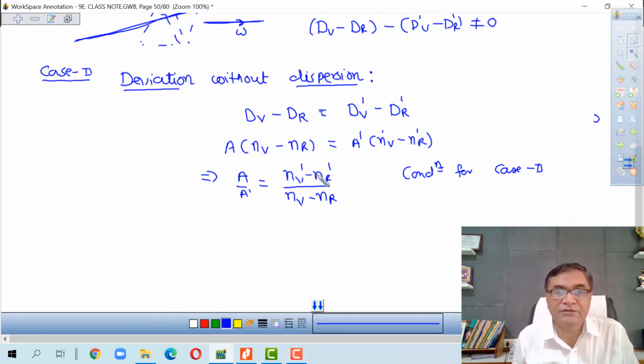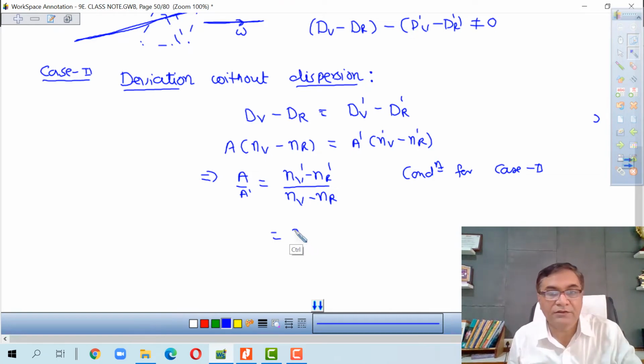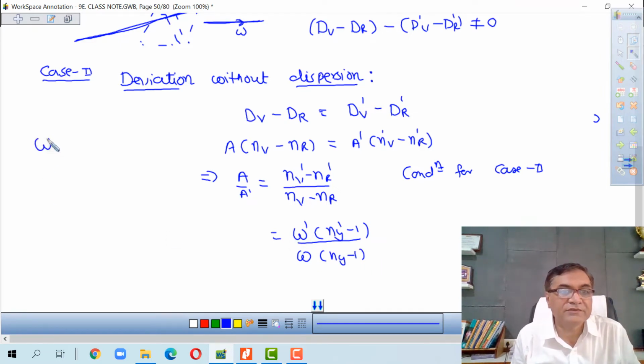Also we can write it in terms of resolving power. Nv minus nr is nothing but omega, the resolving power, of the second: omega prime is equal to (n yellow prime minus 1) upon omega and yellow minus 1. As we know, omega is equal to nv minus nr upon n yellow minus 1.